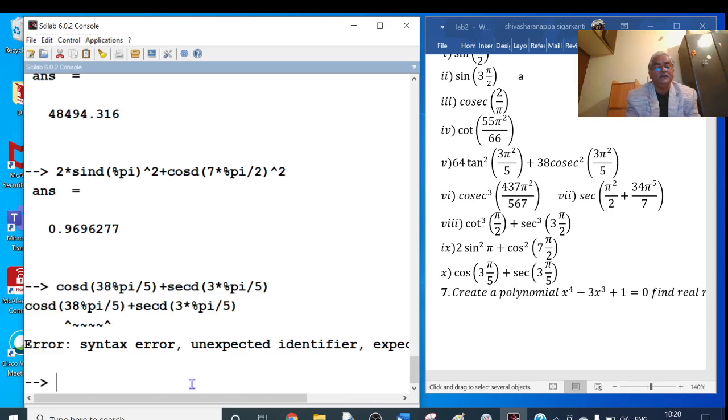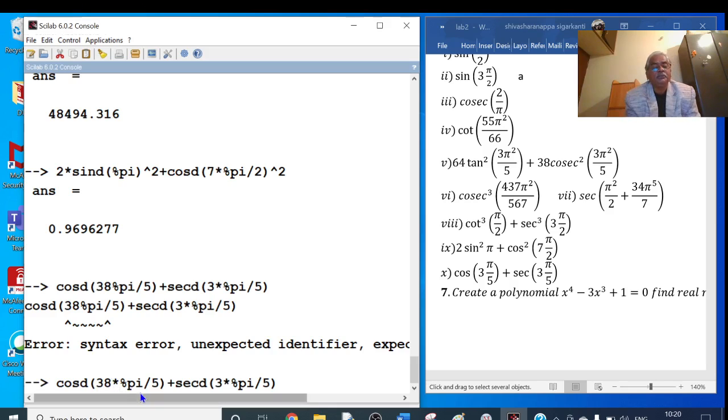Okay, enter. Syntax error. I have missed giving a star here, therefore it is giving a syntax error. Here I have to put a star. Okay, now this is correct.